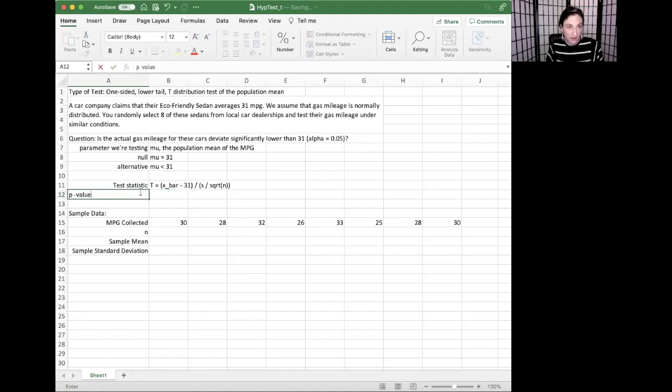And our p-value here is, well, I guess we'll go ahead and change this to a lowercase t, right? So then the p-value, because we're looking at a lower test, is the probability that t is less than our test statistic when t is distributed with a t distribution.